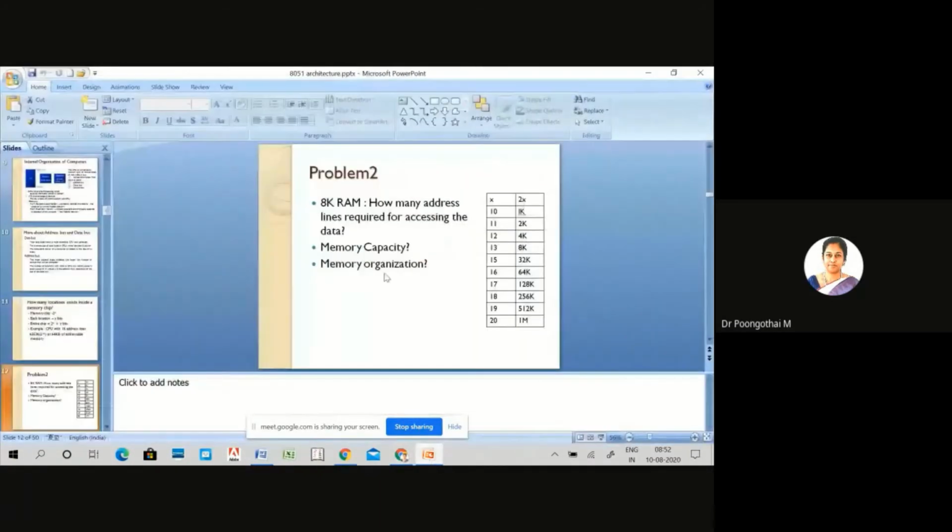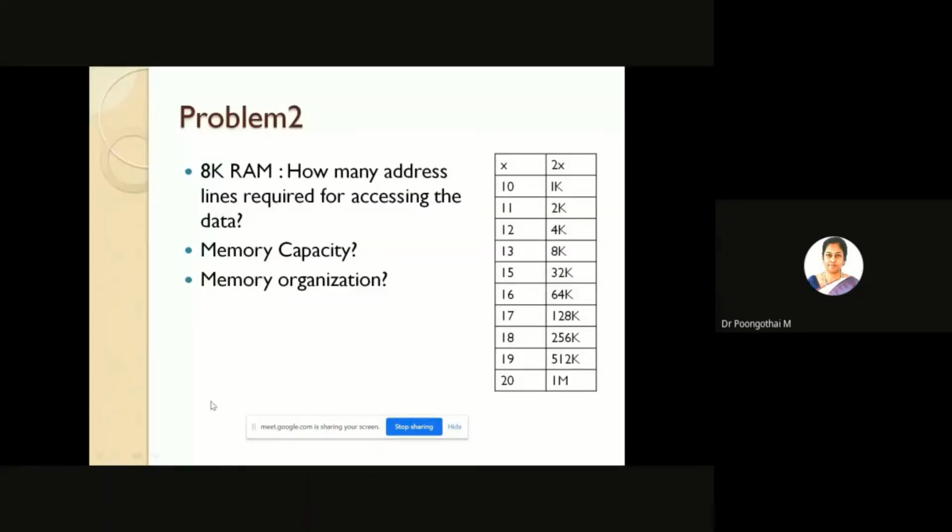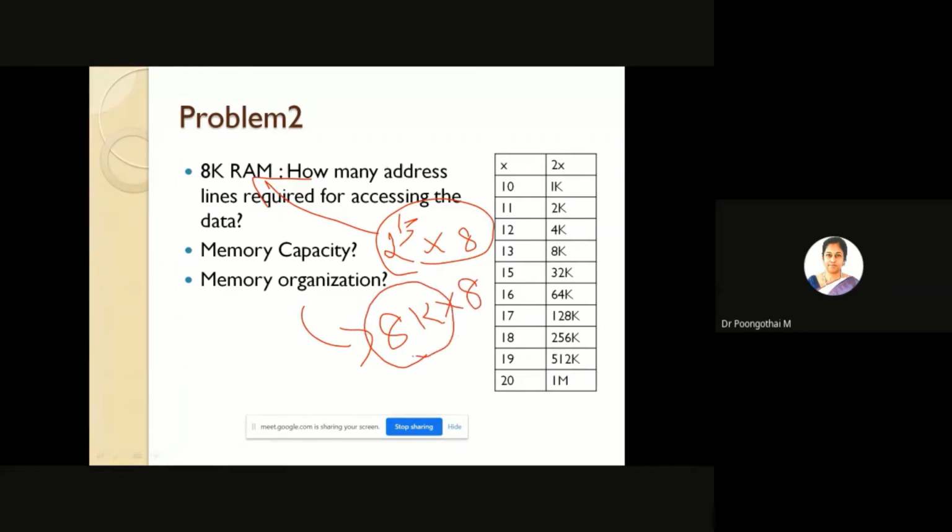So your memory capacity is 2 power 13 into 8, where 8 is the size of your data bits. So memory organization is 8K into 8 bits. 8K is the addressable memory and 8 is the size of your data bus.